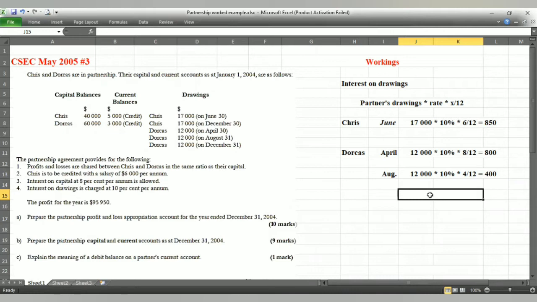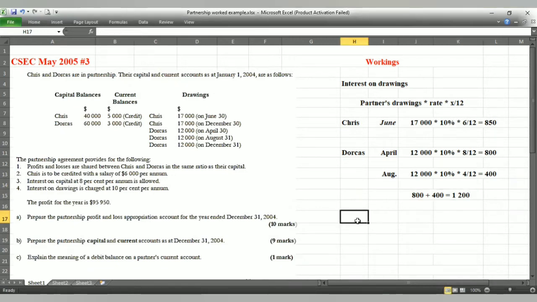Based on calculation, we have 800 for April for Dorcas, and we're going to add to that 400, and that will give us a total of 1,200. So Dorcas is to be charged $1,200 for his interest on drawings, while Chris will be paying an interest of $850.